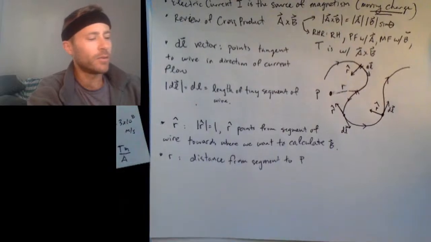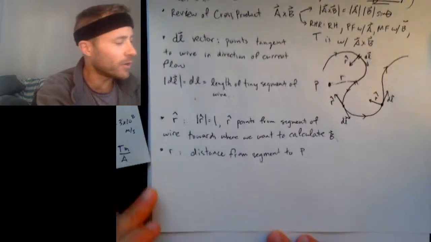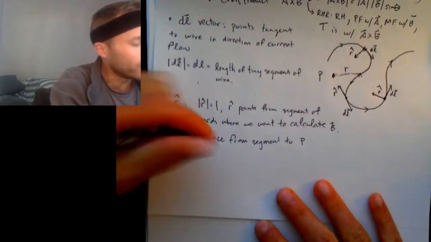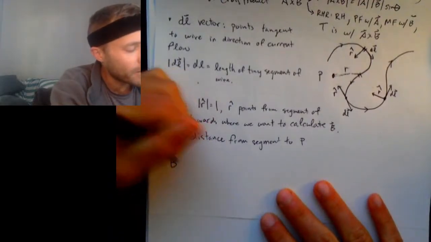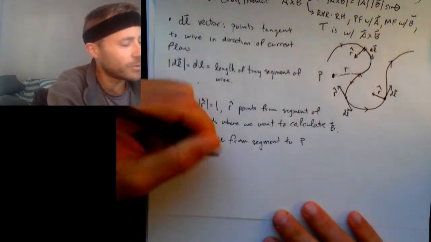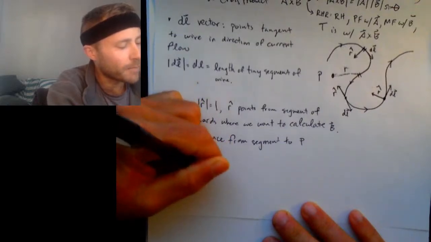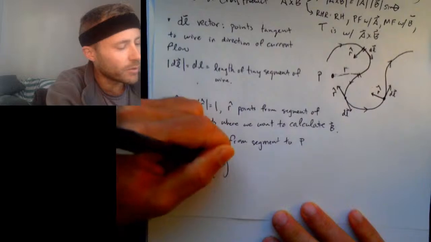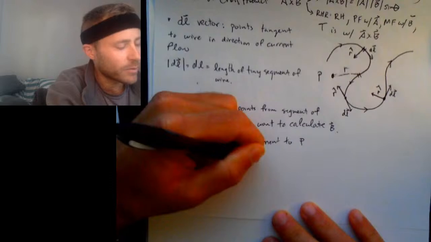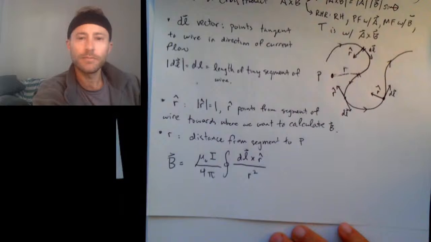So now we have all the pieces that we need to assemble in order to state the Biot-Savart law. All right? So the Biot-Savart law tells you the magnetic field is equal to mu naught I over 4 pi times the integral of dl crossed with r hat over r squared.